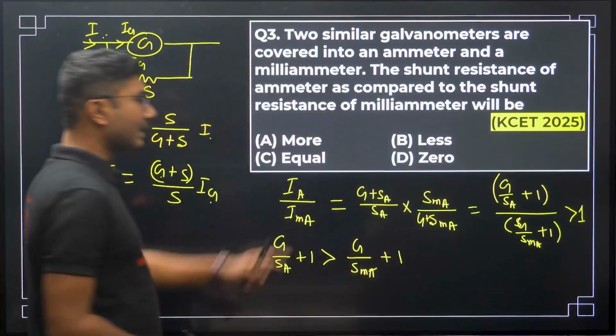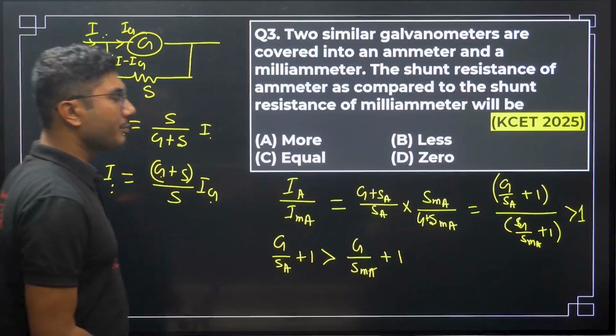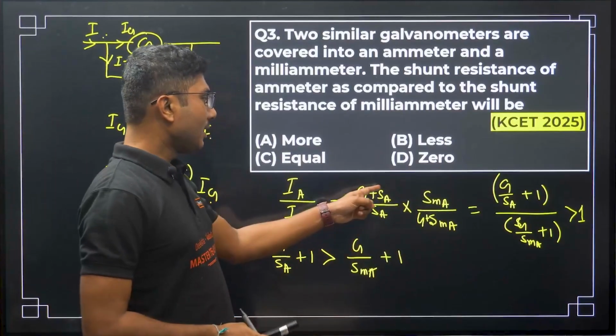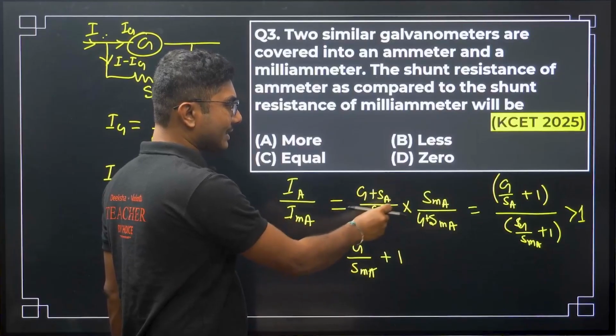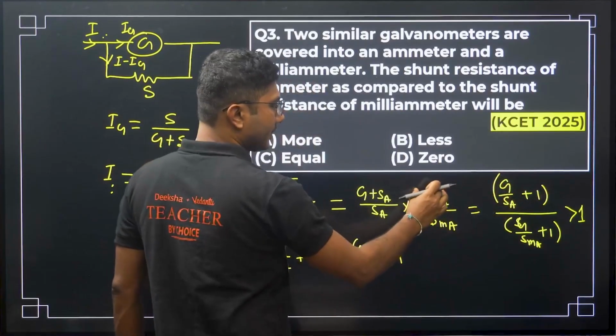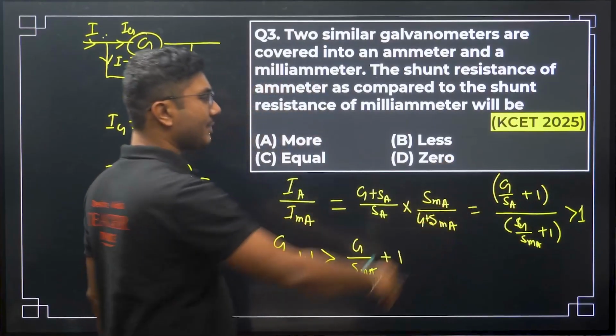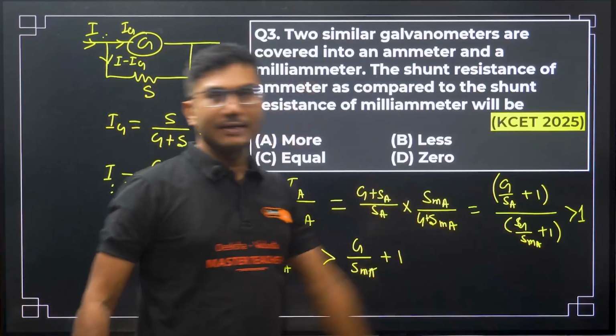Why have I written it like that? That is beneficial for me to compare, right? So if you divide this G by SA and plus SA by SA, SA by SA gives you 1. Now similarly if you take that down and do the same thing, you will get the same thing in the division.